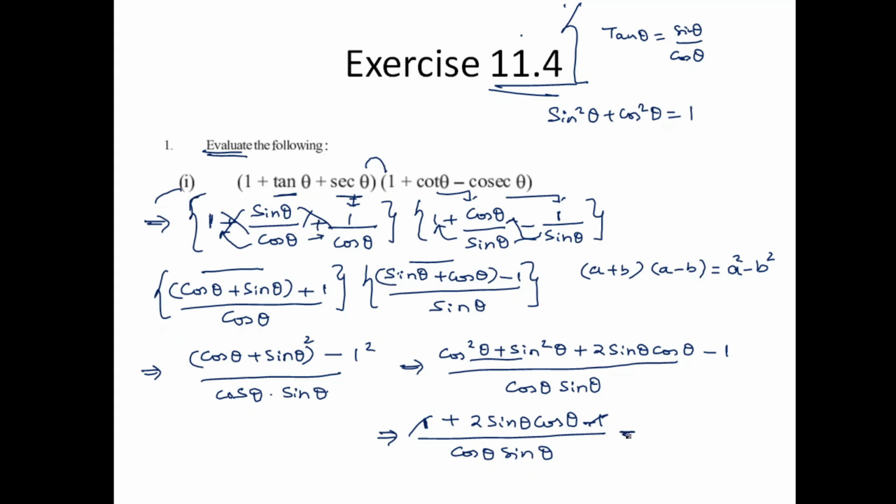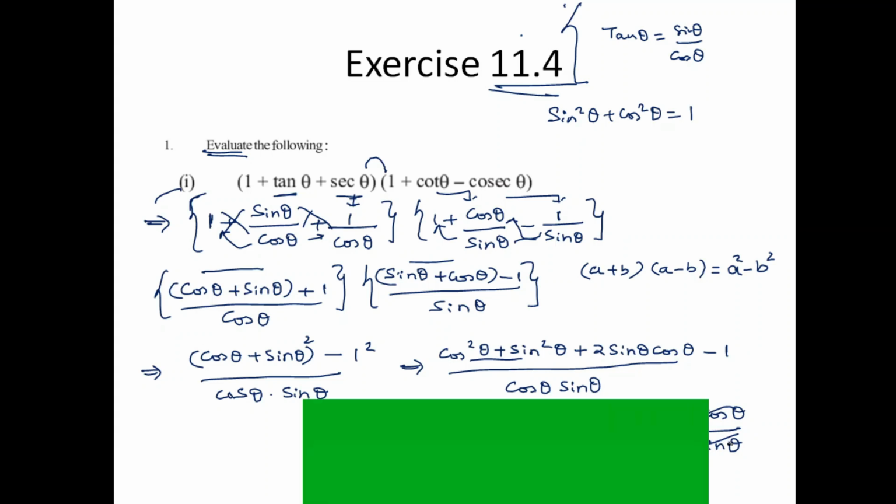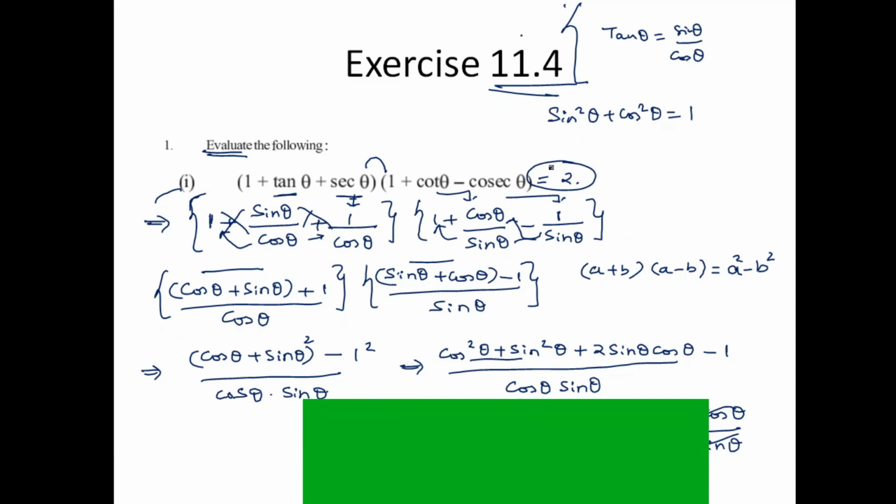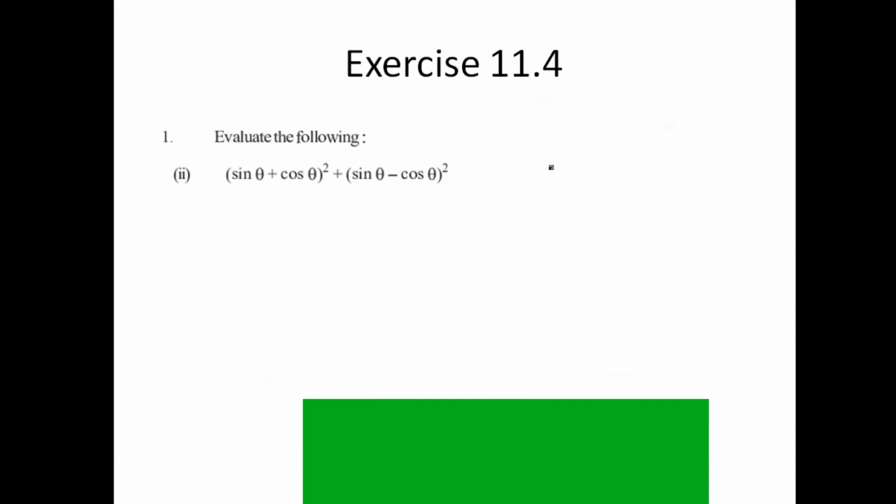Now I am left with 2 into sin theta into cos theta divided by cos theta into sin theta. See, this is removed, so overall we are left with only 2 here. So this is your required answer. If you bring everything together, the result is only 2. So this is your evaluation part. Let's look at the next one.